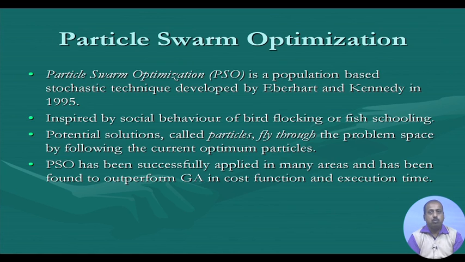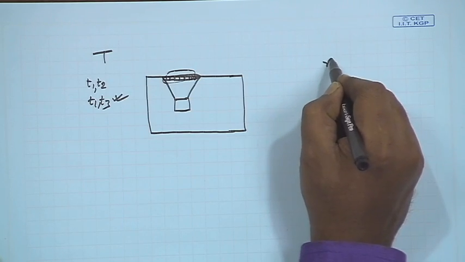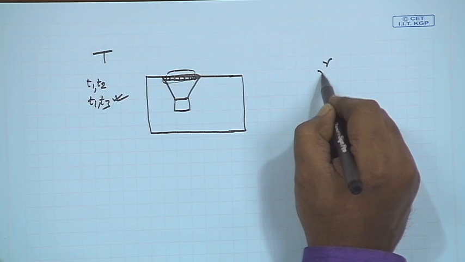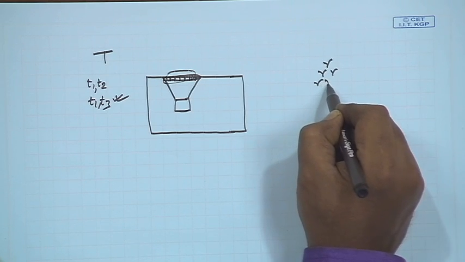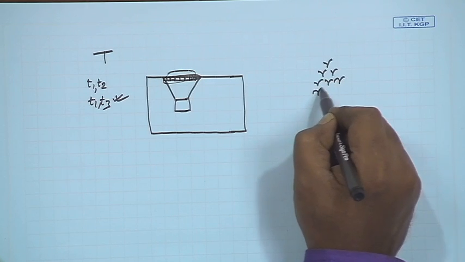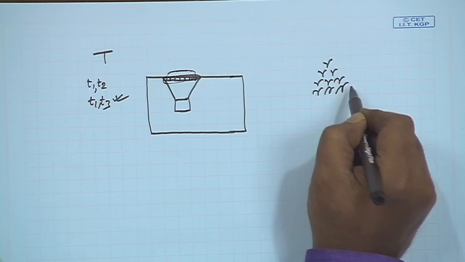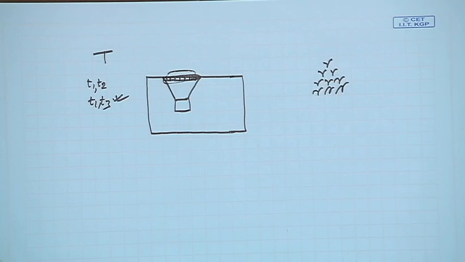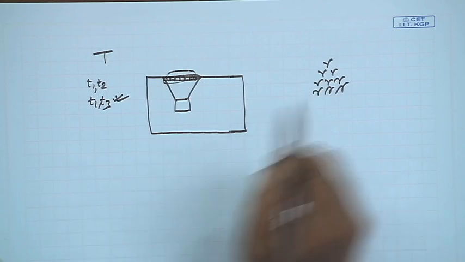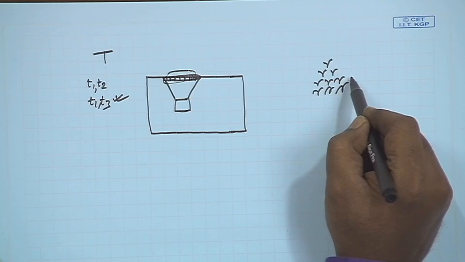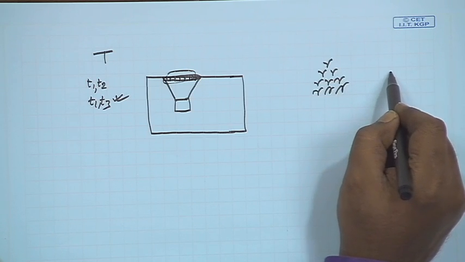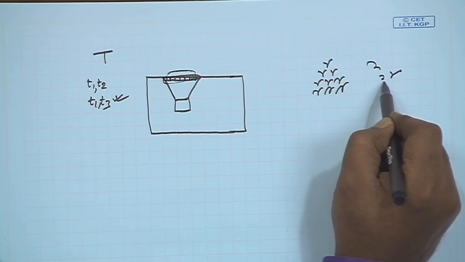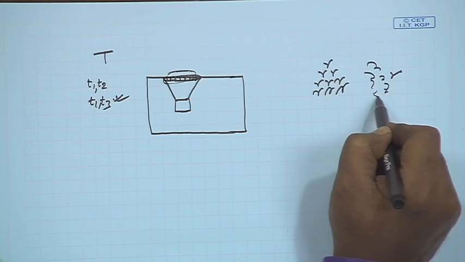If you look at a group of birds flying in the sky, you will find that they follow some sort of V pattern. There is a bird at the beginning, and some other birds following that bird. After some time, one of these birds diverges like this, and all of them start following the new direction.